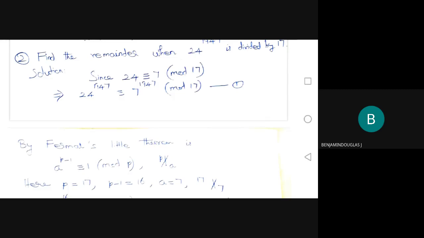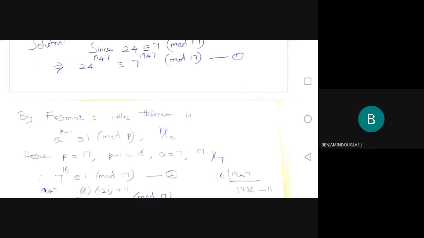So the condition is satisfied and we apply Fermat's little theorem. A power P minus 1: 7 power 17 minus 1, that is 16. So 7 power 16 is congruent to 1 under mod 17. This will be considered equation 2.